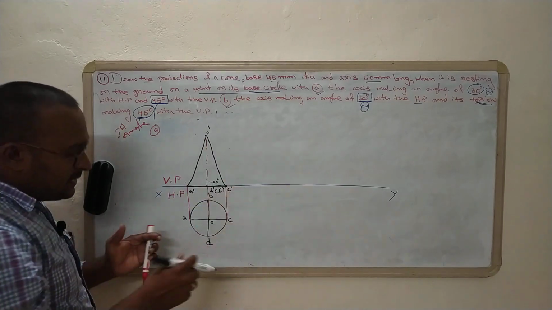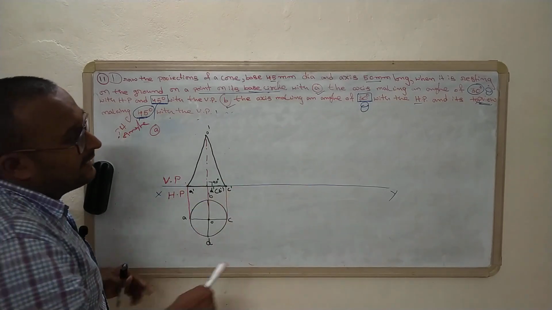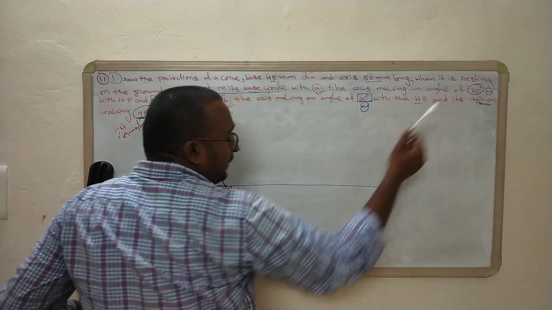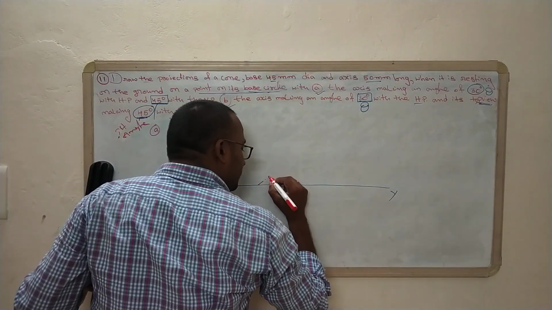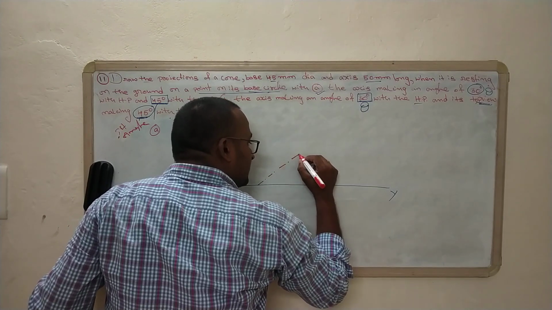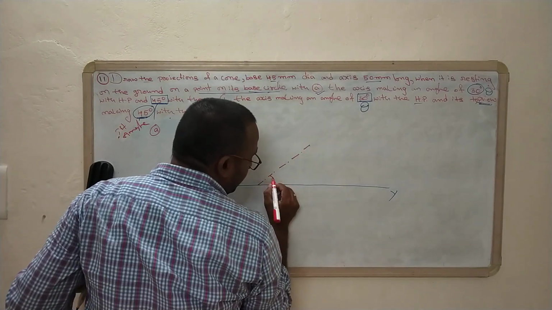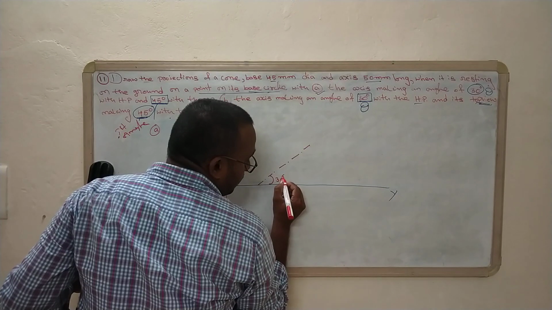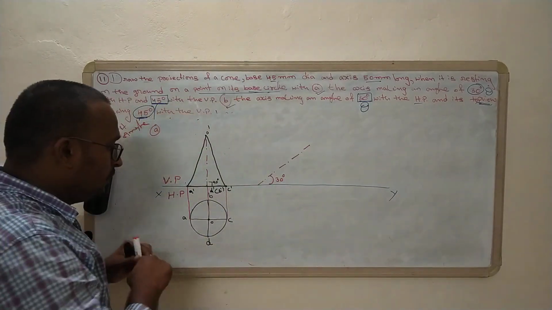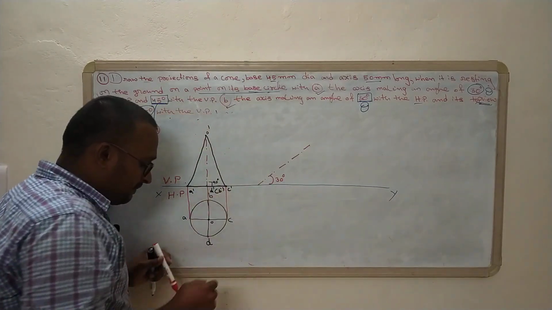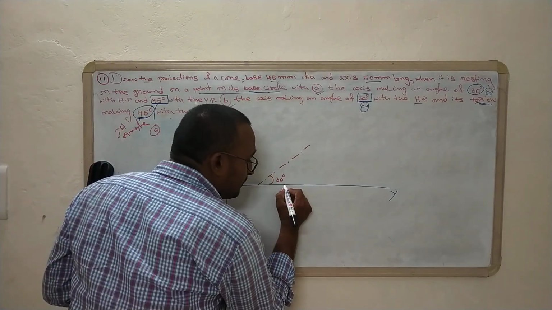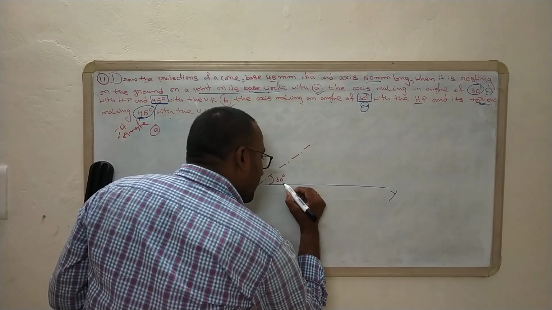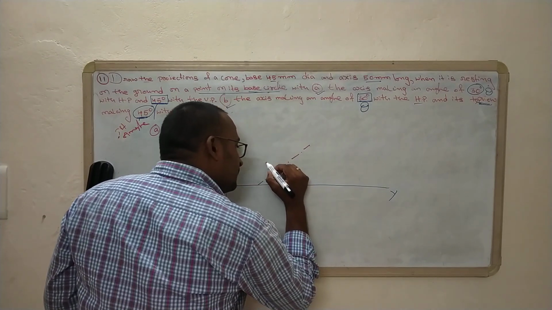We need to rotate at an angle of 30 degrees, theta, right? So now we are going to rotate that center axis about 30 degrees to the ground. Now we need to measure the C point, mark that particular point C, and then draw a perpendicular line to it.